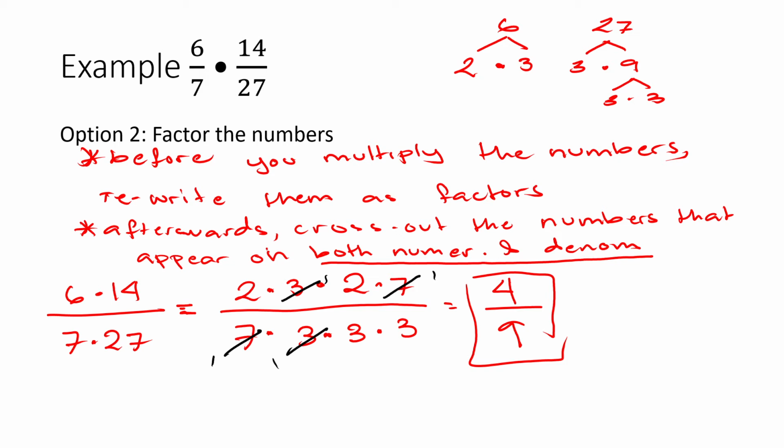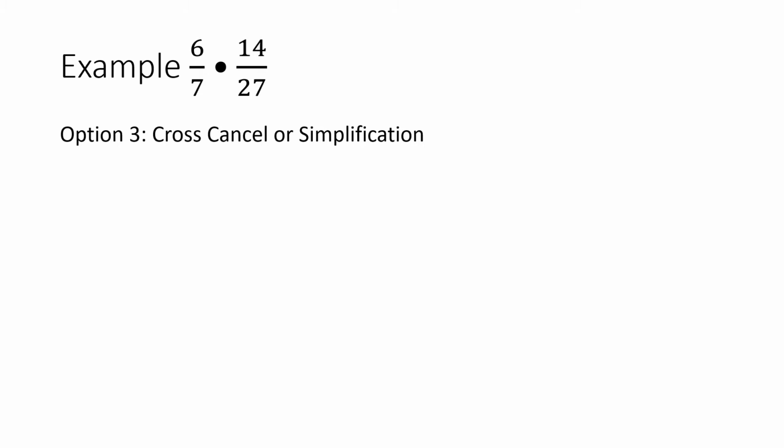Now, what if I tell you that option 2 is not the fastest way? Let's try option 3. Option 3 is called cross cancel or simplification. Again, let me talk about the steps first.